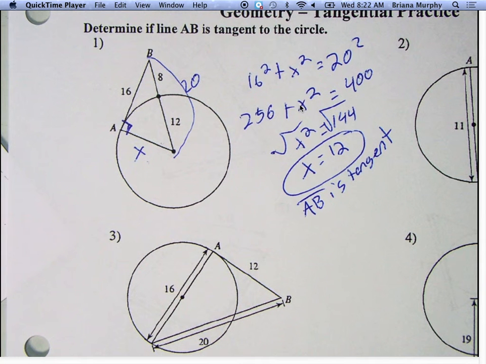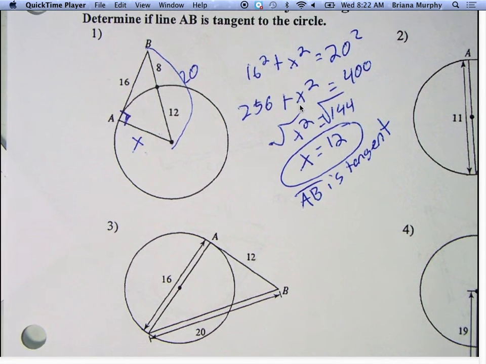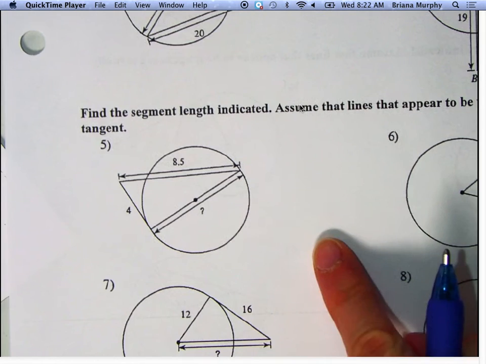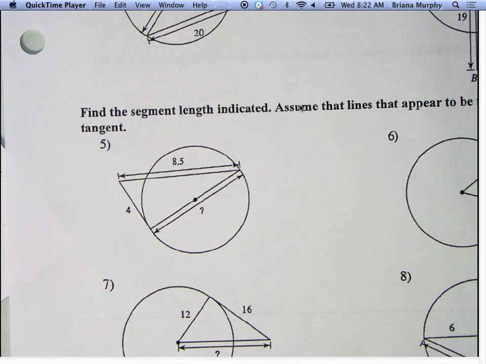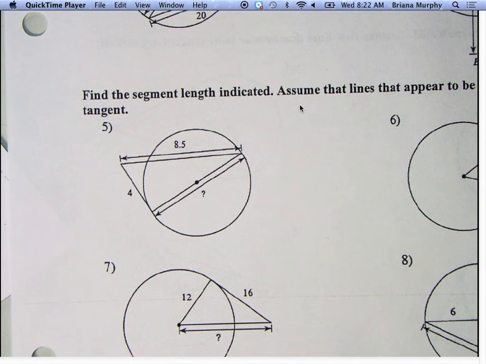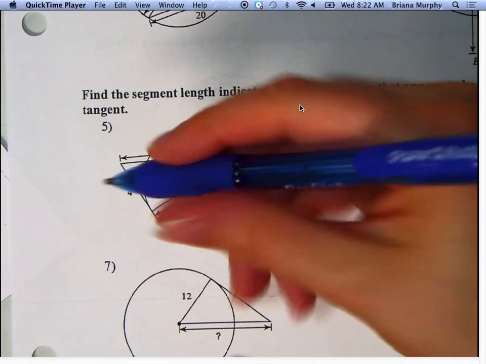Okay, let's look at number 5. We're going to find the segment length indicated, assuming that lines that appear to be tangent actually are tangent. So we're assuming there's a tangent. Where would the 90 degrees go? Between 4 and 8.5, between 8.5 and the question, between the question and 4. Okay.